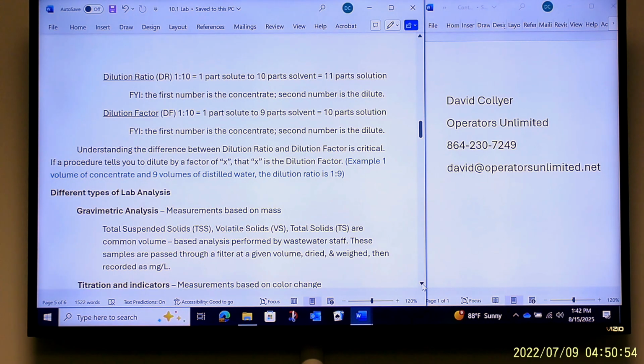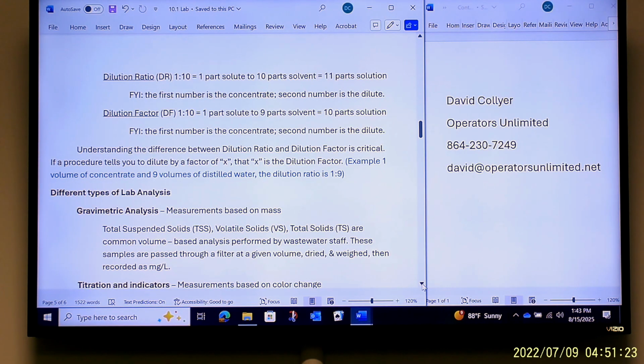So you'll have 1 milliliter of sulfuric acid to 10 milliliters of DI water. That gives you 11 parts of a solution. Now again, the first number is the concentrate, the second number is the dilute or the DI water in this situation. So that's dilution ratio.